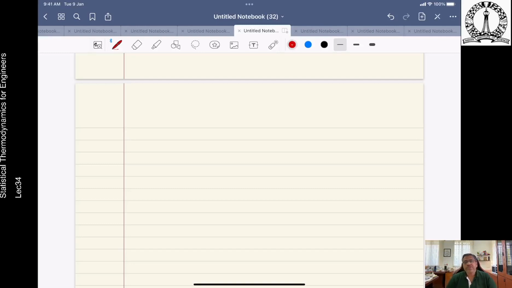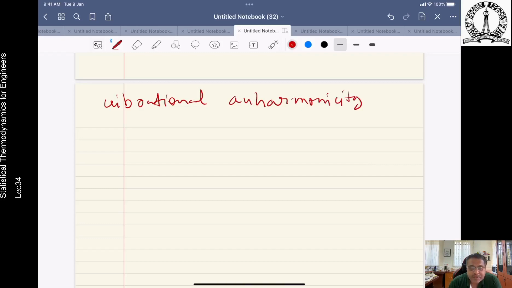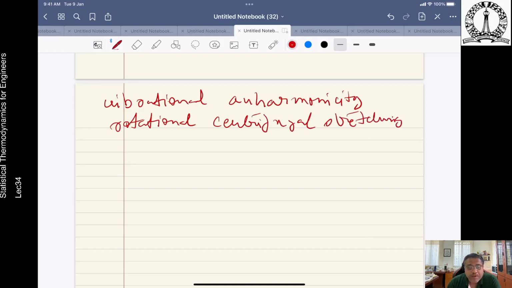Welcome to lecture 34. Previously we saw how the complex model seems to address some of the combined effects of vibrational anharmonicity, rotational centrifugal stretching, and of course the rotation-vibration coupling.